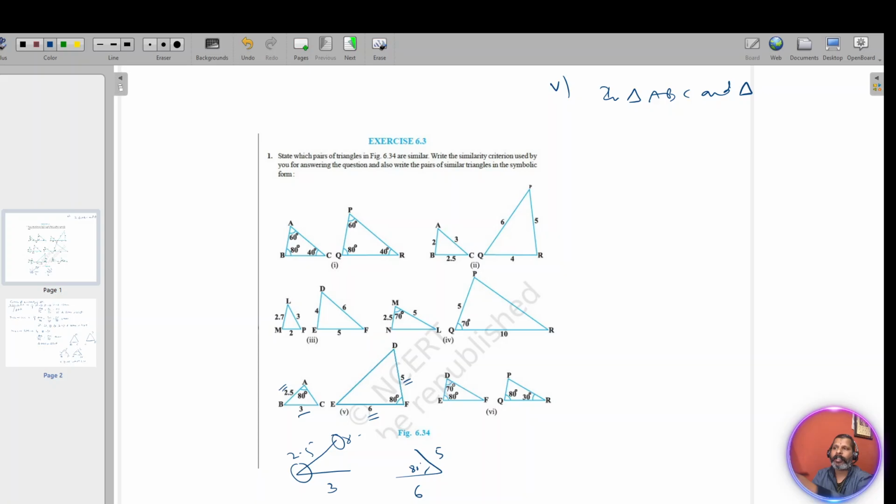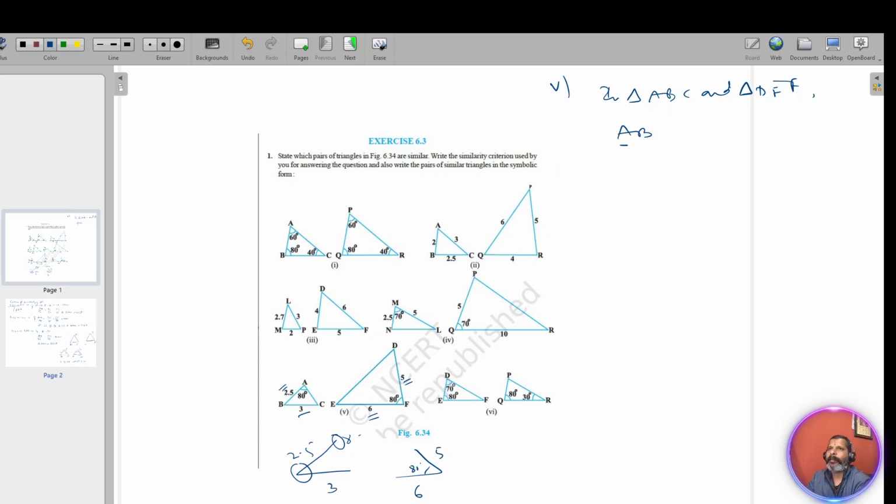By the figure and by looking at the numbers, we can say the two sides have the same ratio and the angle also looks the same, but it is not the included angle. So here what we have to write is triangle ABC and triangle DEF, because I preferred based on the ratios of the sides.